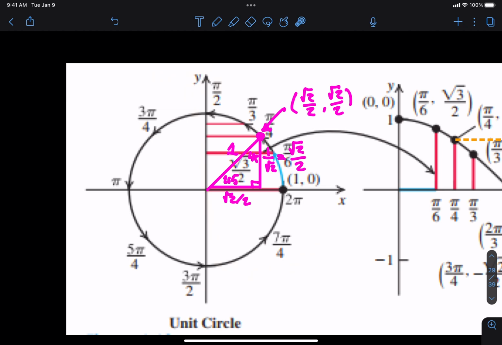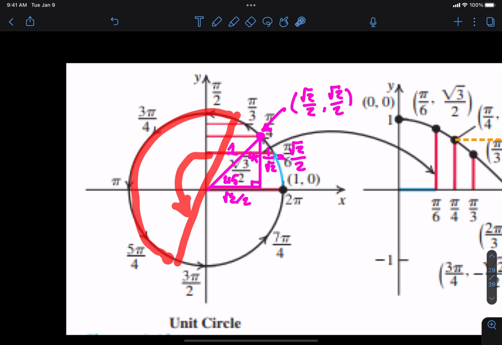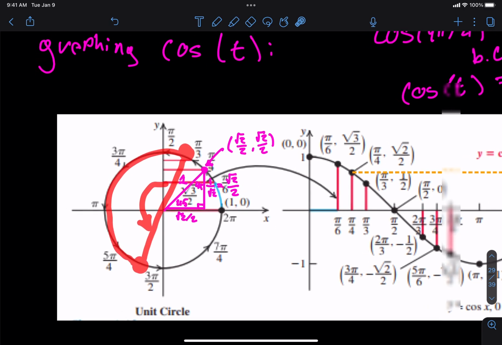For sine and cosine, we have to add 2 pi, i.e. start here and go all the way around before we get that answer again. But for tangent, anytime I go an extra pi units, I get the same result because of that special relationship between points which are symmetric about the origin.